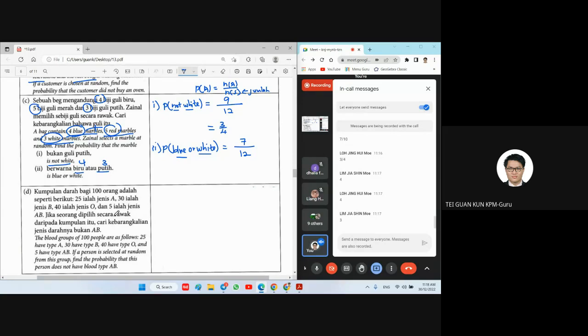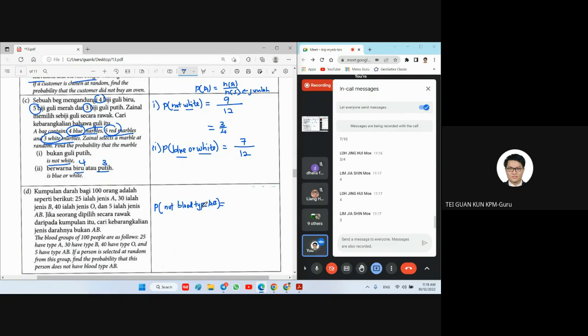If a person is selected at random from this group, find the probability that this person does not have blood type AB. So kita nak apa? Kita nak probability not blood type AB.